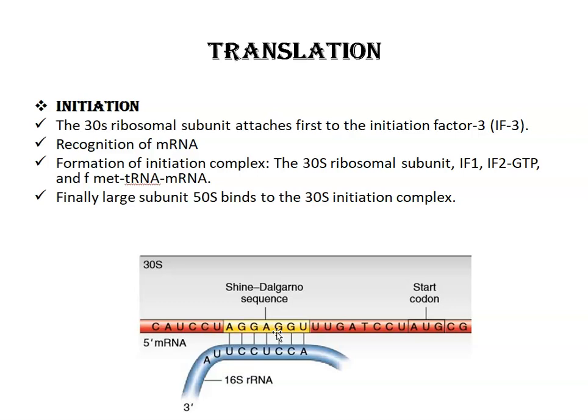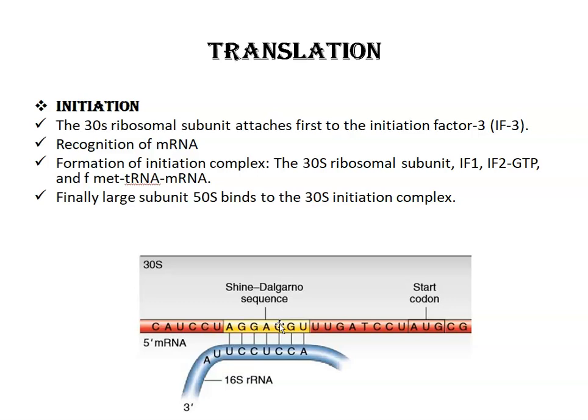This Shine-Dalgarno sequence starts a few bases before the AUG start codon. You can see here, this is the start codon AUG, and this is the Shine-Dalgarno sequence.